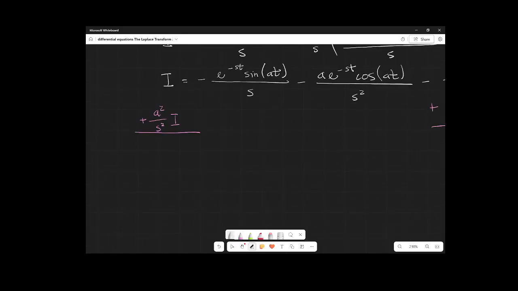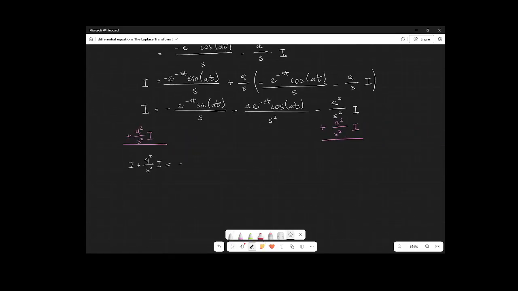And what we end up with is I plus a squared over s squared I, which equals, then again, just this right here. I'm not going to waste everyone's time.